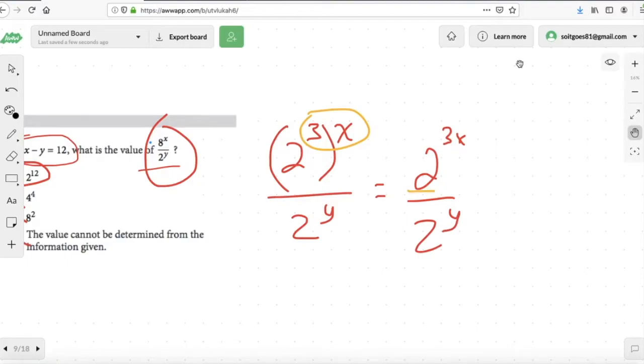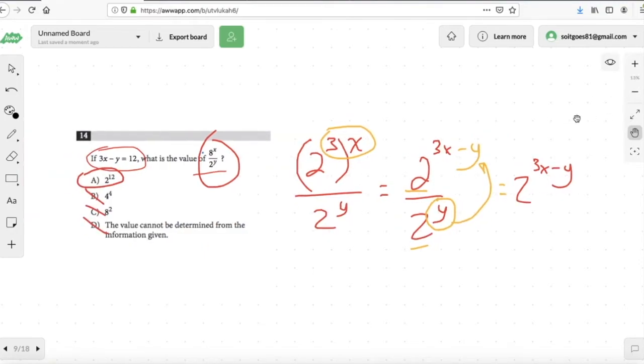We've got a like base in 2, we can combine the exponents. So I can bring up that y from the denominator, bring it up to the numerator, and subtract it. And that's going to give me 2 to the power of 3x minus y. And we're very close to solving this now because we know what 2 to the power of 3x minus y equals. Well, what does 3x minus y equal?